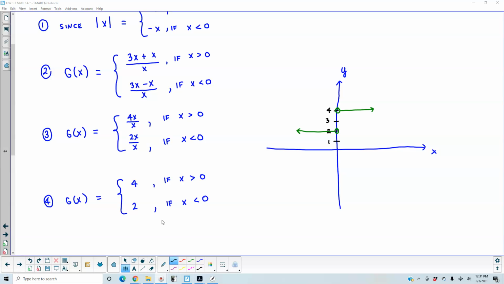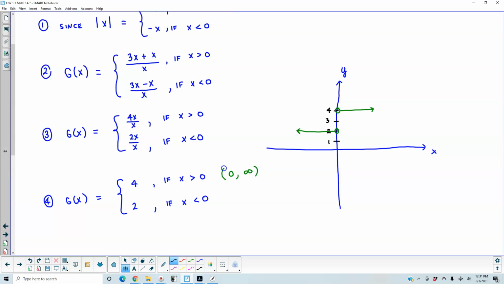Now that we've graphed it, we can determine the domain of this function. If we take a look here, for when the function is equal to 4, it's going to start at 0, but not including 0, and go all the way to positive infinity.